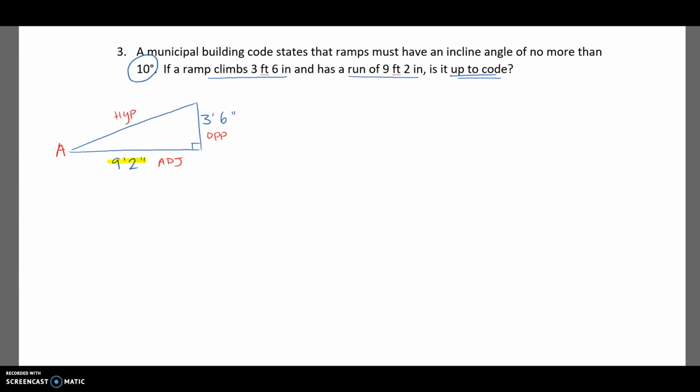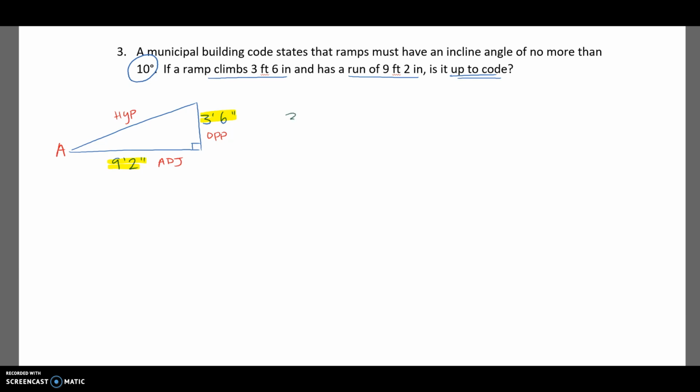However, notice that I have different units. I have mixed feet and inches. To put them into the fraction or the ratio of sides, I need to have all the same units. In order to avoid you dealing with decimals or fractions, I'm going to convert to inches for both the rise and the run.